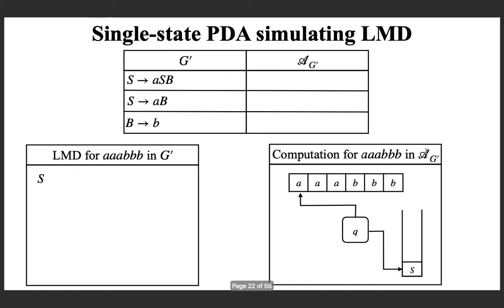Here it is. a^3 b^3 is the input given, the only state, which is the start state also, the read head at the first symbol, and what is the top of stack symbol? That is interesting. In the generated automaton, the bottom symbol is going to be the start symbol of the grammar. Remember, that is the case. The bottom symbol of the required automaton is going to be the start symbol of the grammar.